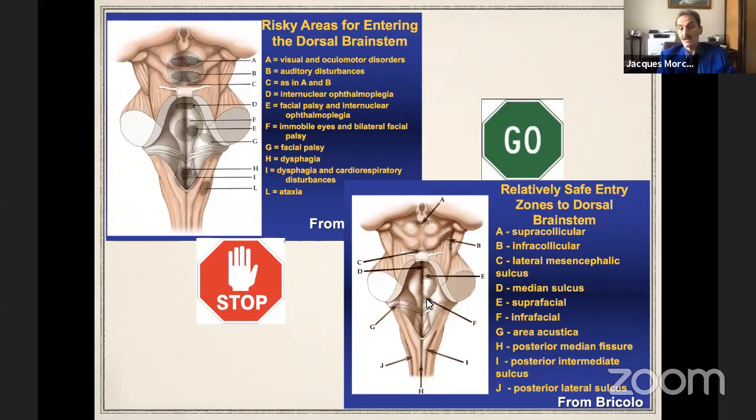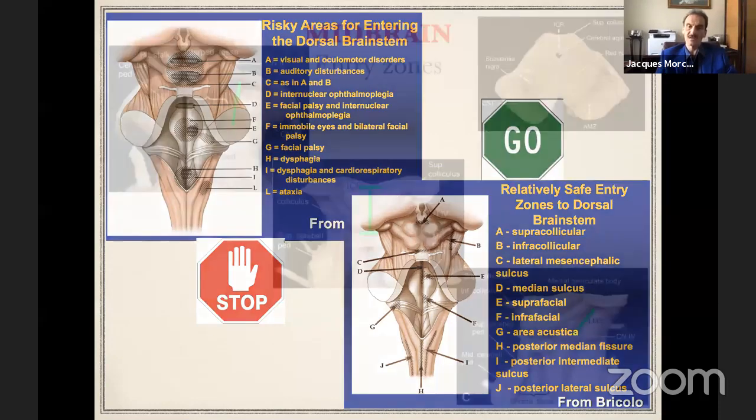I certainly used many times the suprafacial zone and the infrafacial zone after you've mapped the facial colliculus in the floor of the fourth ventricle, or a midline myelotomy between the gracilis nuclei. And what's very useful, as you will see later, is the peritrigeminal zone on the side of the pons. That is a very nice zone to use.